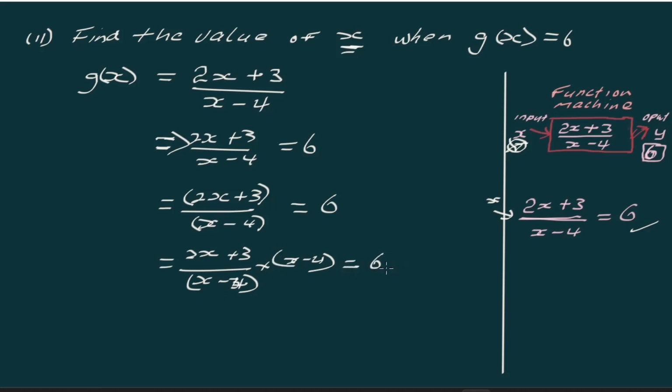Also multiply the 6 by the denominator that we are getting rid of, the x minus 4. That will cancel out, and that will cancel out that. So now we have 2x plus 3 equals, when we FOIL this out, 6x minus 24.